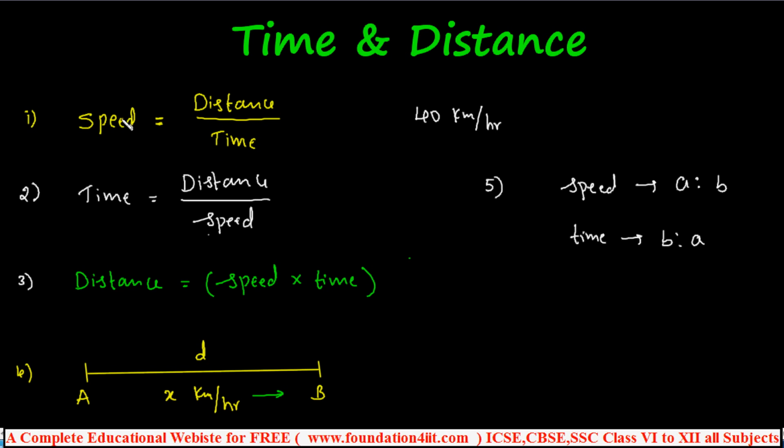Speed and time are inversely proportional. So if you go at more speed, you will reach in less time. That's why if speed changes A to B, then time changes B to A. This is the ratio concept.